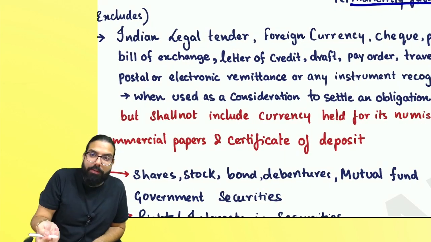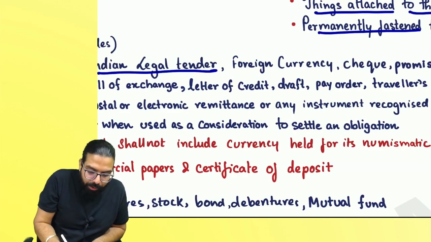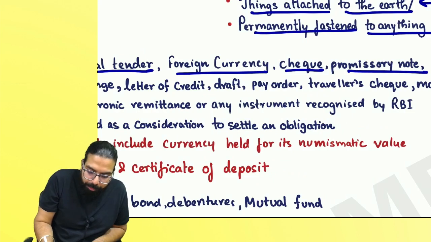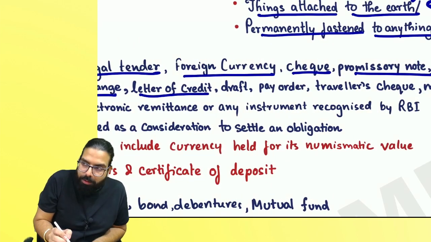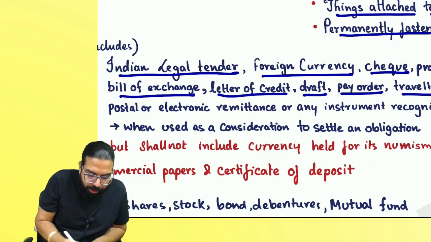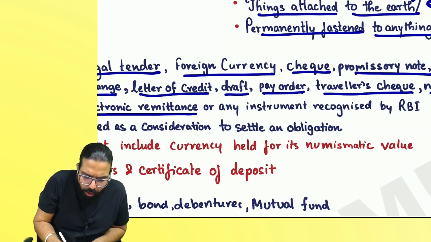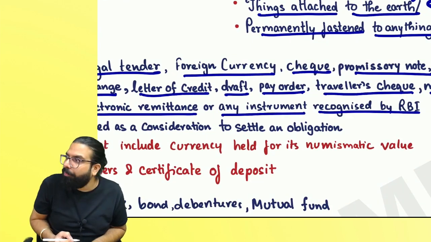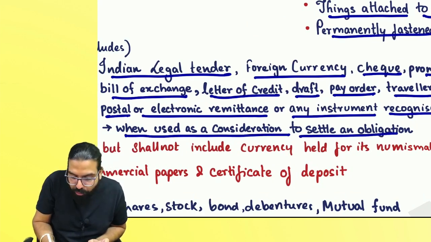Money means, sir, then Venkat told, sir, money means Indian legal tender. INR is money. Then foreign currency, check, promissory note, bill of exchange, letter of credit. Do you want me to explain bill of exchange, promissory note? 12th, you studied or not? Then demand draft, pay order, traveler check, money order, postal or electronic remittance, NEFT, RTGS, or any instrument which is recognized by the RBI, which can be used as consideration to settle an obligation.